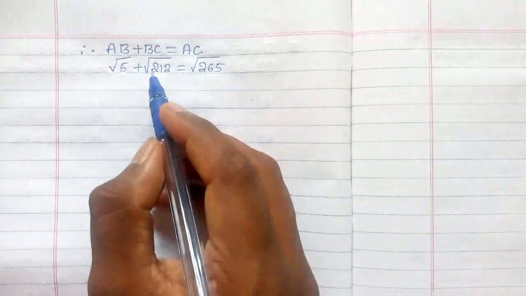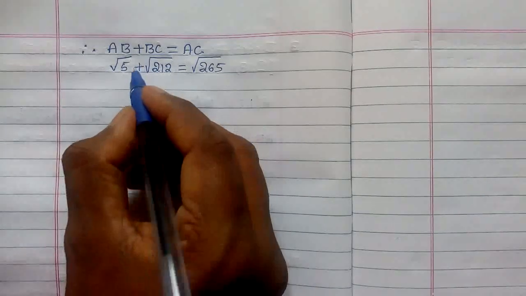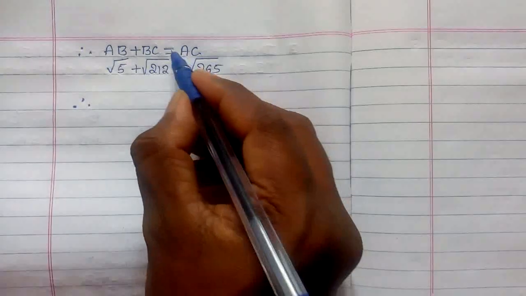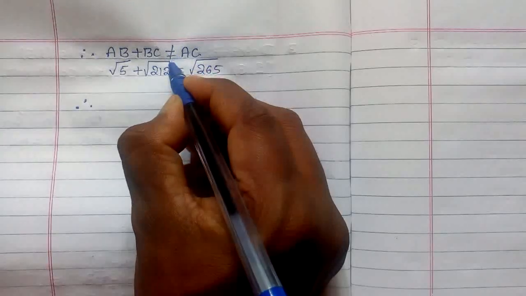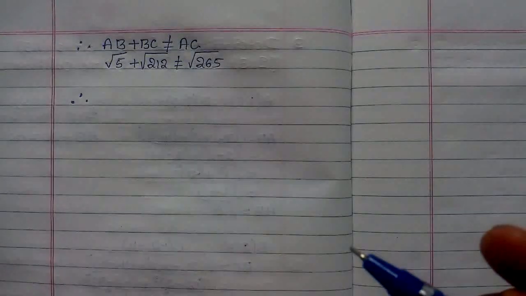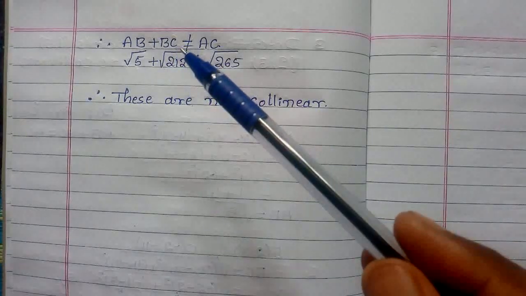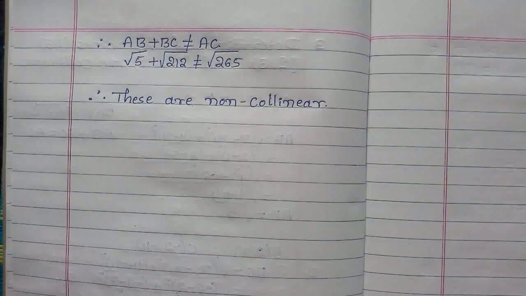So LHS is not equal to RHS, therefore the given points are not collinear. AB plus BC is not equal to AC, therefore these are non-collinear points.